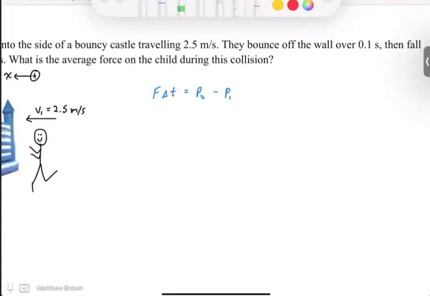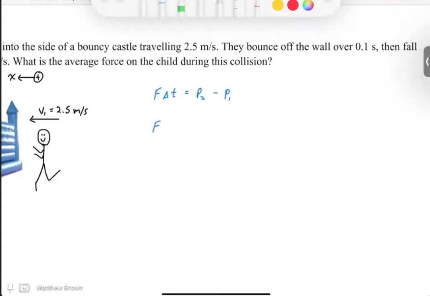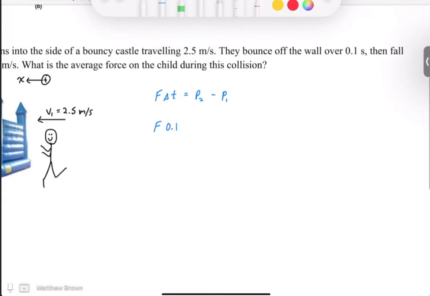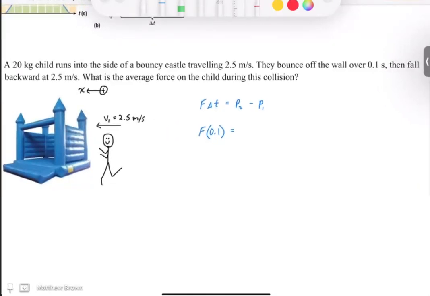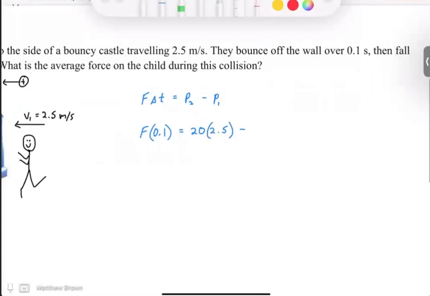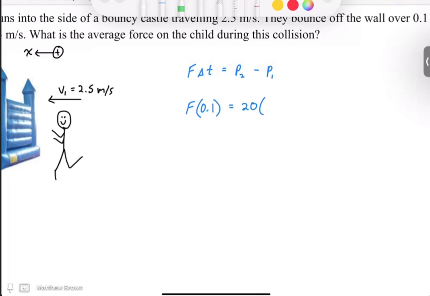So F, and we're told this happens over 0.1 seconds, equals p2. Now we're given the mass of the child is 20 kilograms, so 20 is the mass, and their initial speed is 2.5, minus their final momentum, in which case their mass is still 20, but now they're traveling at minus 2.5 meters per second. Sorry, silly mistake.